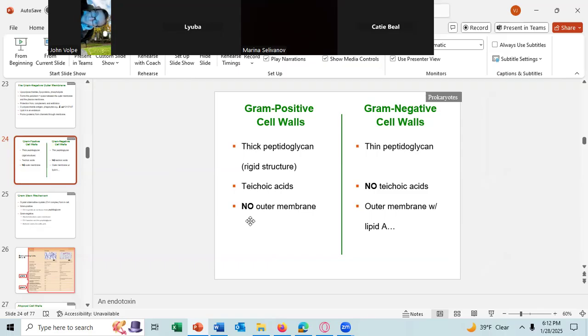There's no outer membrane in the gram-positive cell wall. There is an outer membrane in the gram-negative cell wall containing lipid A and endotoxin. Any question about any of these? I guess I could put in here, you can find a porin molecule in the outer membrane of a gram-negative cell. There's no porin proteins in the cell wall of a gram-positive cell.